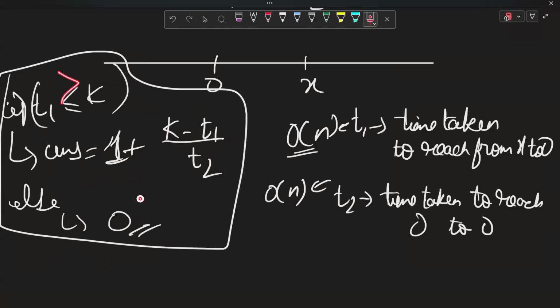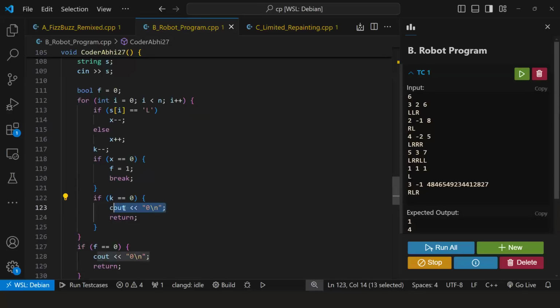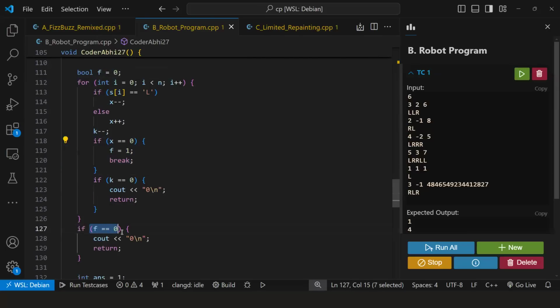Even in k seconds, I'm not able to reach 0, so I'll just output 0 and return out of my function. My final answer is 0. So if this k becomes 0, that in the first k seconds I'm not able to come to 0, then my answer becomes 0. And if this f remains 0, that means I never encounter x equal to 0, so then also my answer would be 0.